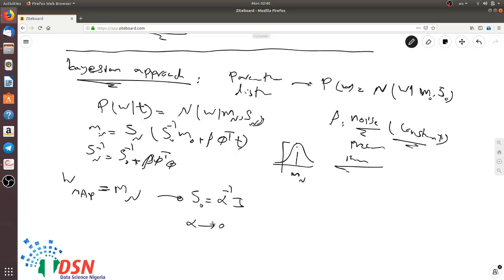It means that approximately we know nothing about our weights, because as you know, the covariance matrix is alpha inverse times the identity.